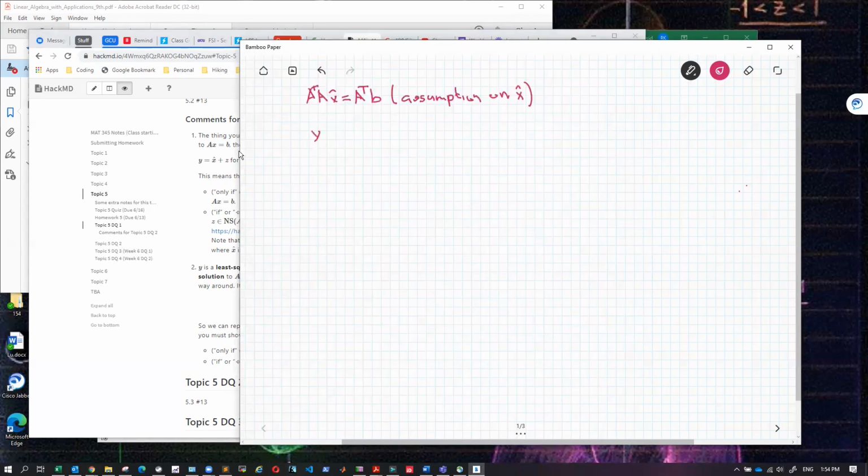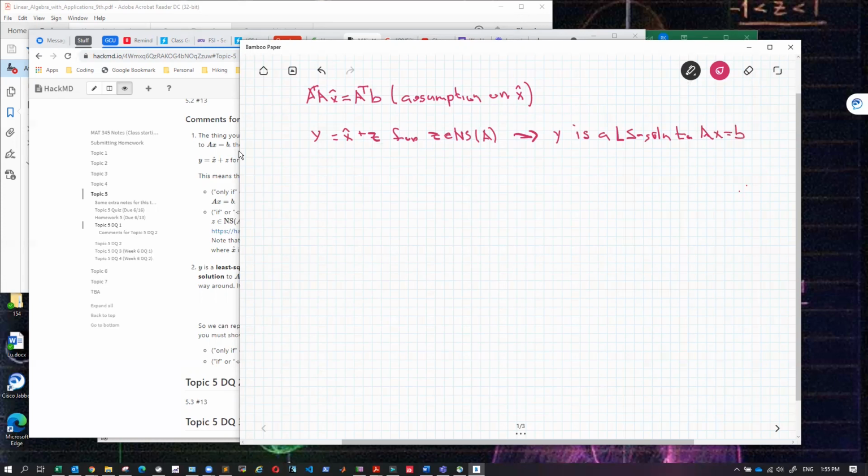We're assuming y equals x hat plus z for z in the null space of A. And we're trying to prove that y is a least squares solution to Ax equals b.